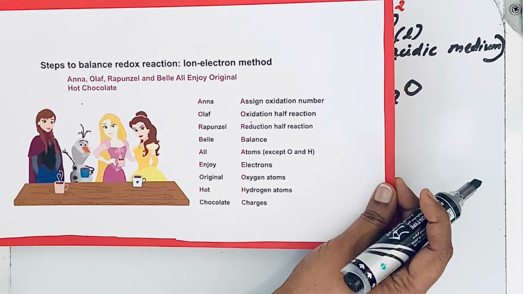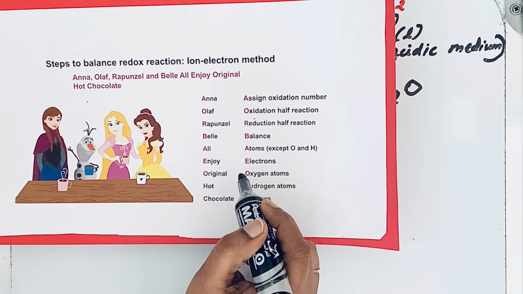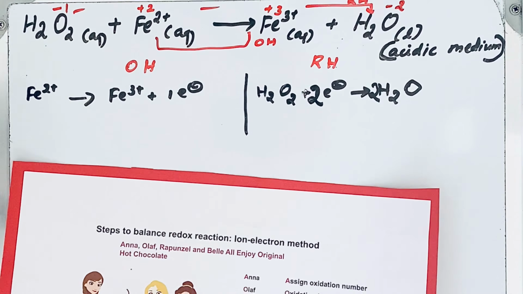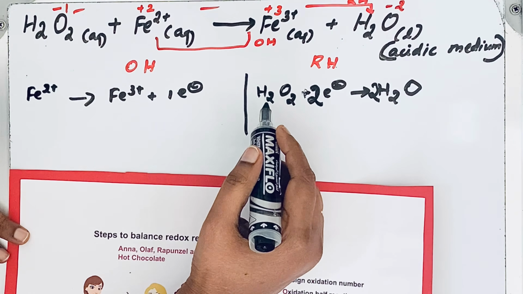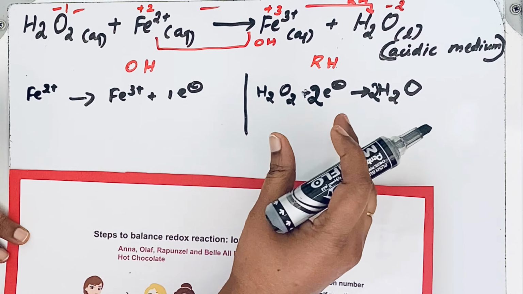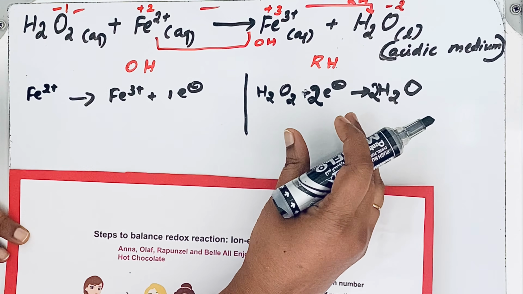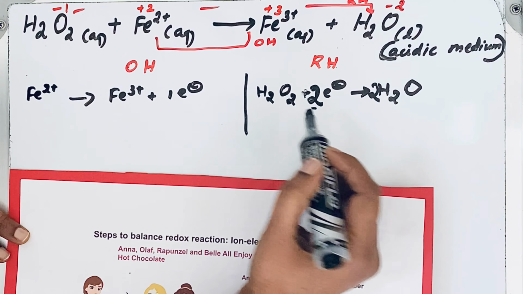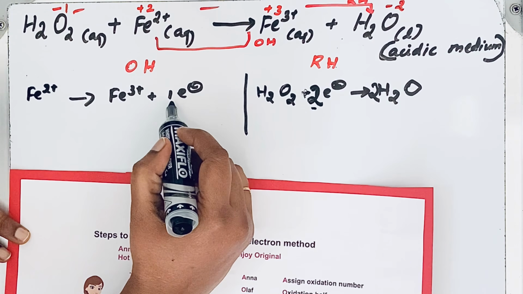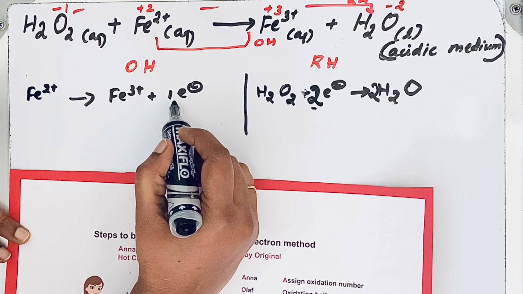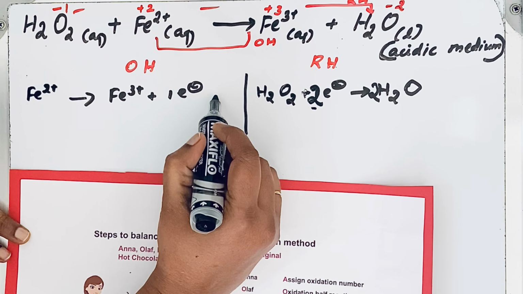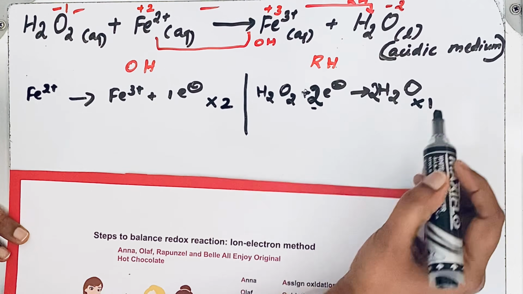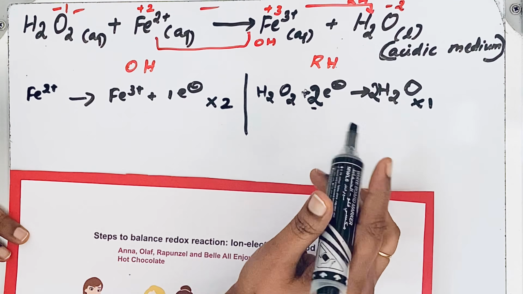Now come to the next one. Next is balancing electrons. We balance the electrons because in redox reactions, the number of electrons gained should be equal to the number of electrons lost. So here, if it is 2 electrons on this side, then this side also should be 2 electrons. To make this side also 2 electrons, we multiply by 2, but this we can multiply by 1 because here there are 2 electrons only.